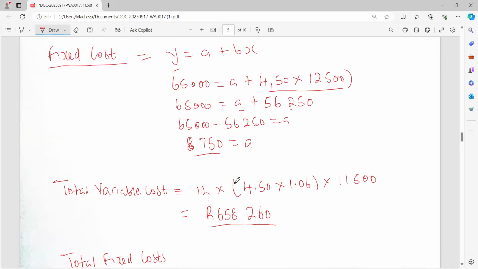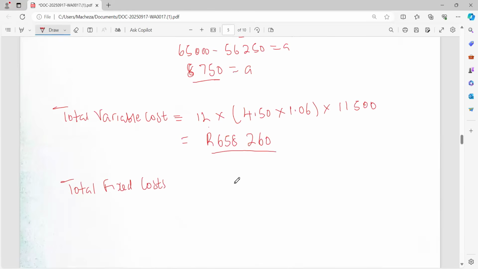So in our total fixed cost, we are going to have 12 months times 8,750 minus 3,750. Then we increase it by 1.06. That is going to be our total fixed cost.